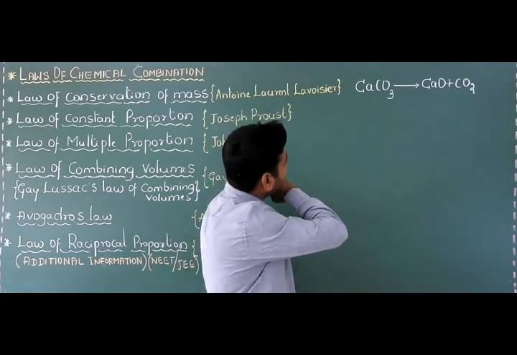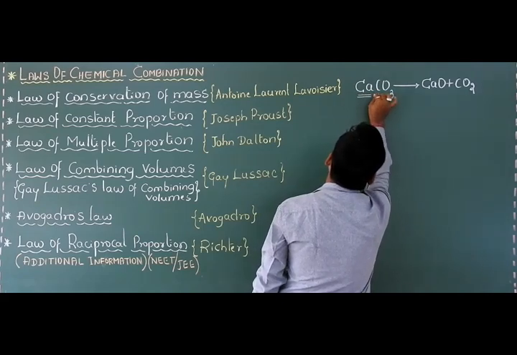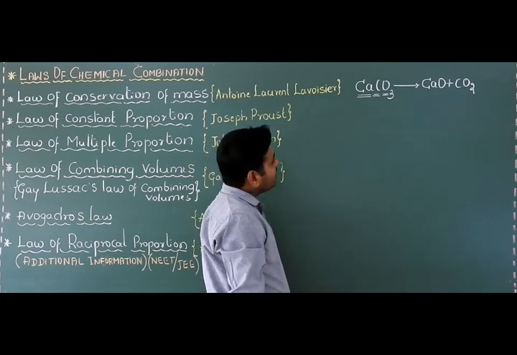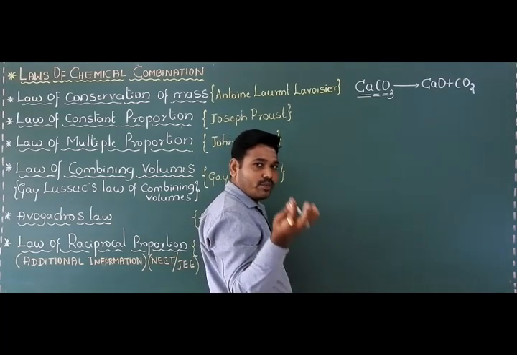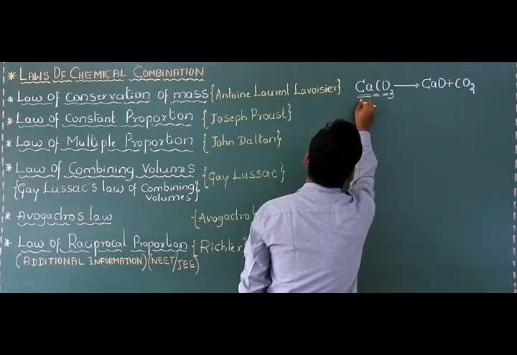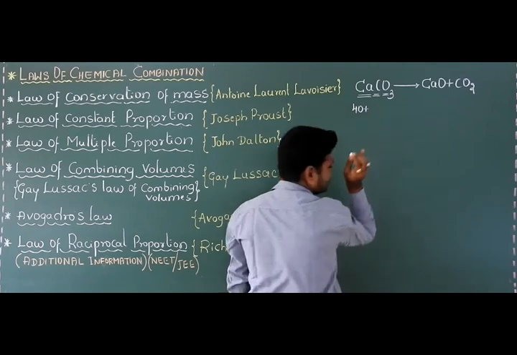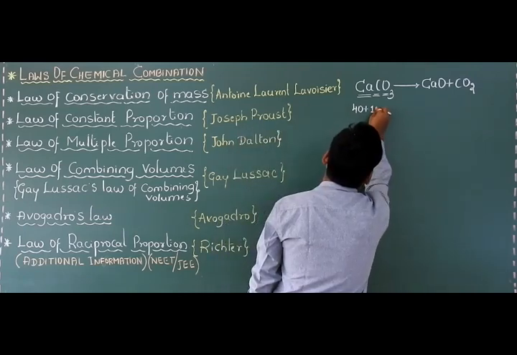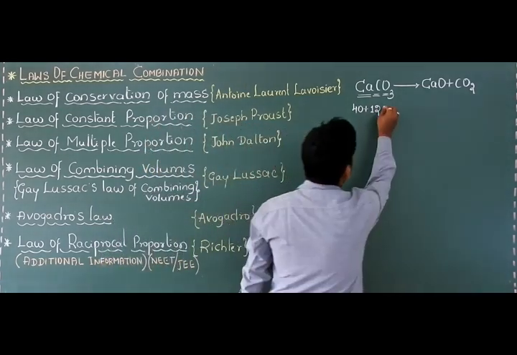In calcium carbonate, one calcium atom is present, one carbon and three oxygen atoms are present. What is the atomic mass of calcium? 40 is the atomic mass of calcium, plus carbon. What is the atomic mass of carbon, students? 12 is the atomic mass. Plus oxygen.